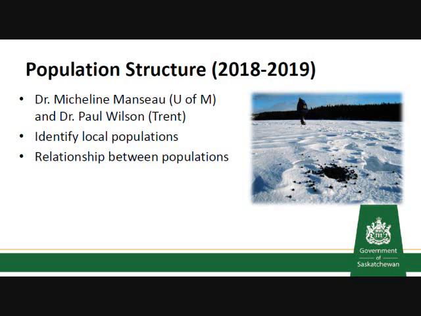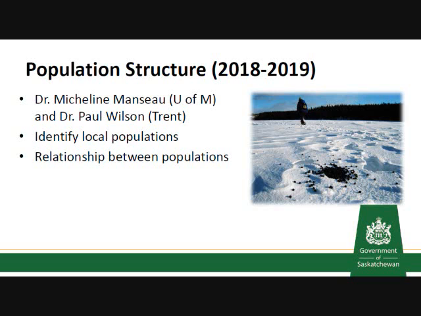So again, we're trying to identify local populations. Once we figure out the movement of the caribou as well as the population trend, we want to be able to delineate local populations on the shield to find out how we are going to best manage it.